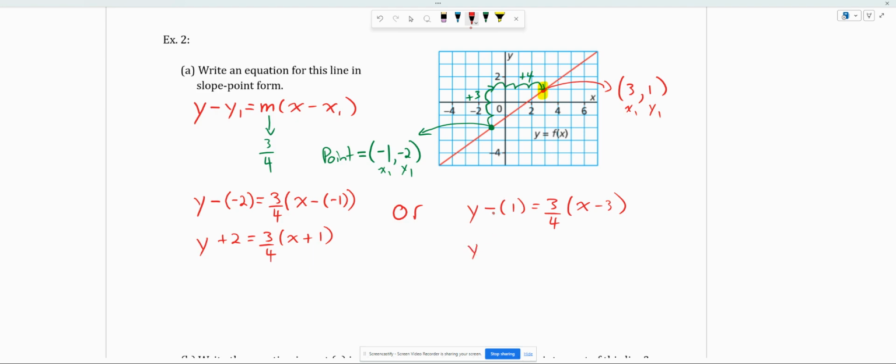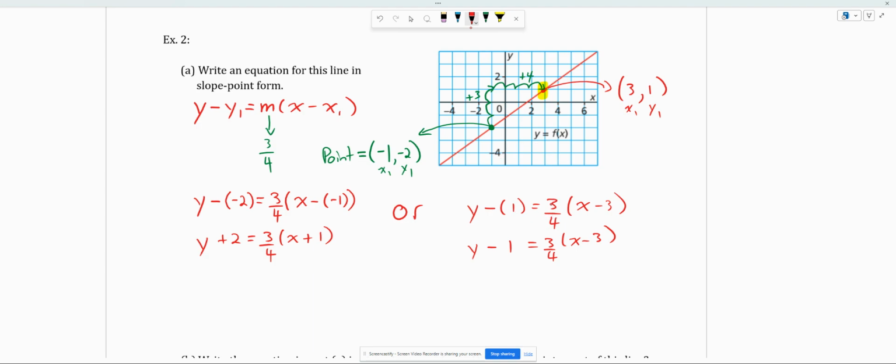And simplify that, we have subtracting a positive, so y minus 1 is equal to 3 over 4 times x minus 3.